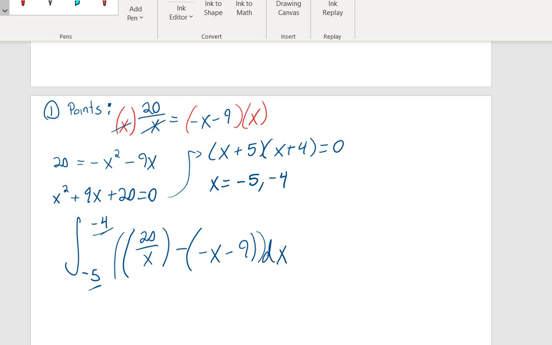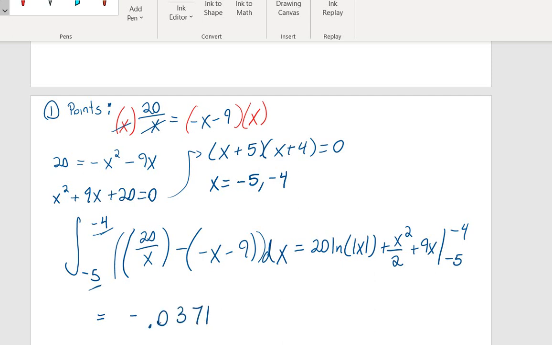When I take the antiderivative of this guy, that gives me 20 times the natural log of the absolute value of x plus x squared over 2 plus 9x, and I need to evaluate that from -5 to -4. When I do that, I'm going to get negative 0.0371.